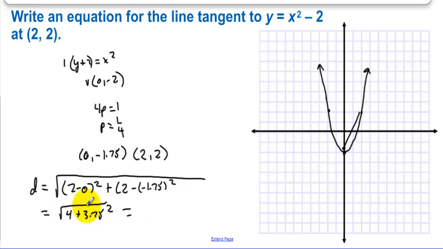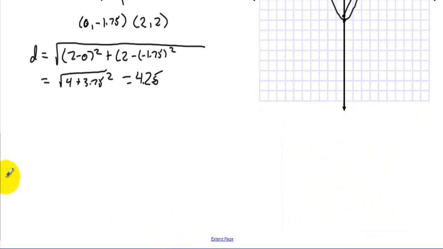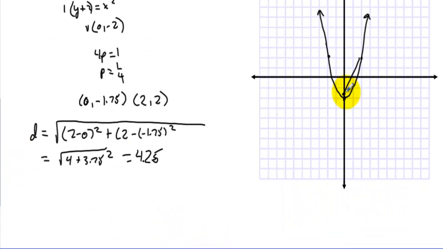And when we work this out on a calculator, we get 4.25. Now what we found is the distance from the focus to a point on the parabola is 4.25 units away. Well, now we have to go 4.25 units from the focus through the vertex to find the other point that's on the tangent line.